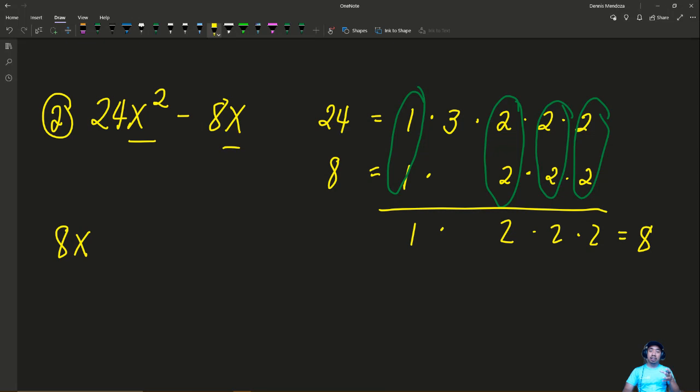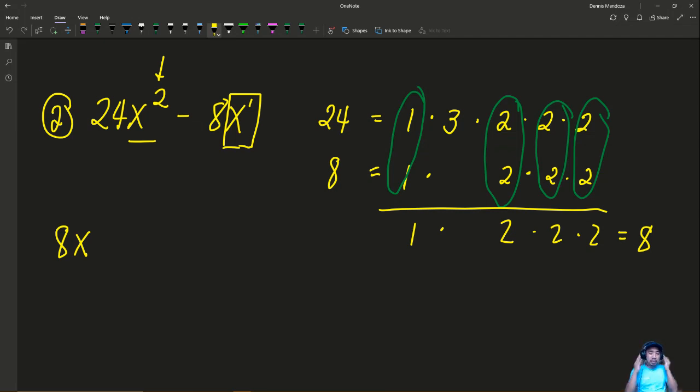Sometimes the confusion starts when kasi we are saying, oh, greatest common monomial factor. So why not consider x squared? But in fact, the greatest common, only common, right? Common. So sometimes you can actually think that it is the least. Okay, it is the least exponent. Okay, so comparing x squared and x raised to 1, x raised to 1 is present in both x squared and x raised to 1.